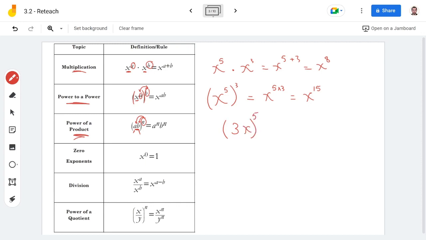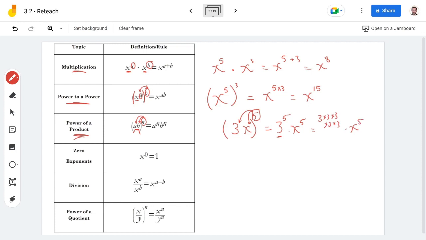We distribute the 5 to the 3 and the x, so it becomes 3 to the power of 5 and x to the power of 5. You can simplify 3 to the power of 5 by multiplying 3 times itself 5 times, and you get that.